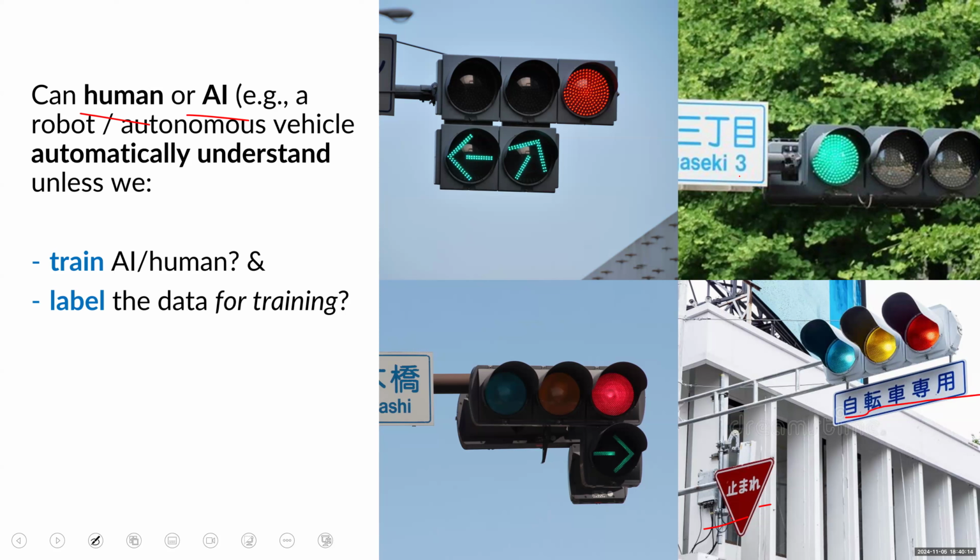I know the meaning, and so on. So the point is that we train the AI or human. If you train me as a driver, then I know. That's why when we move to a new country, we need to understand the different traffic rules and regulations. Without training, if you start driving, most likely you start getting tickets.